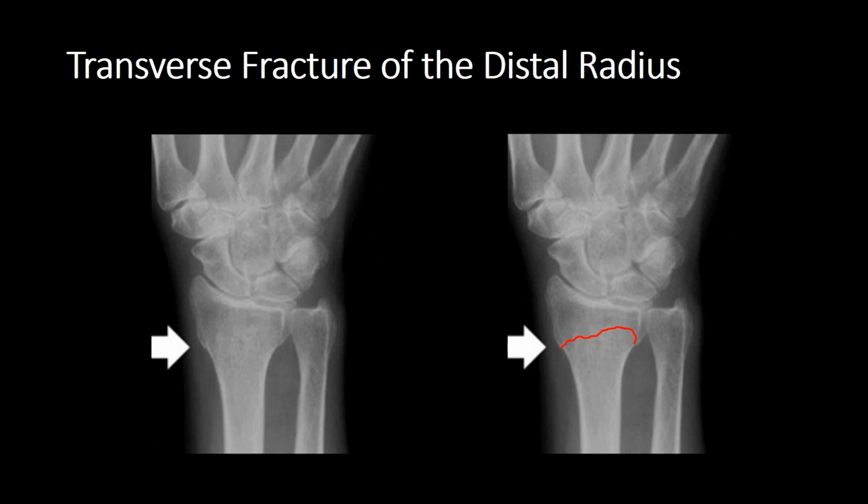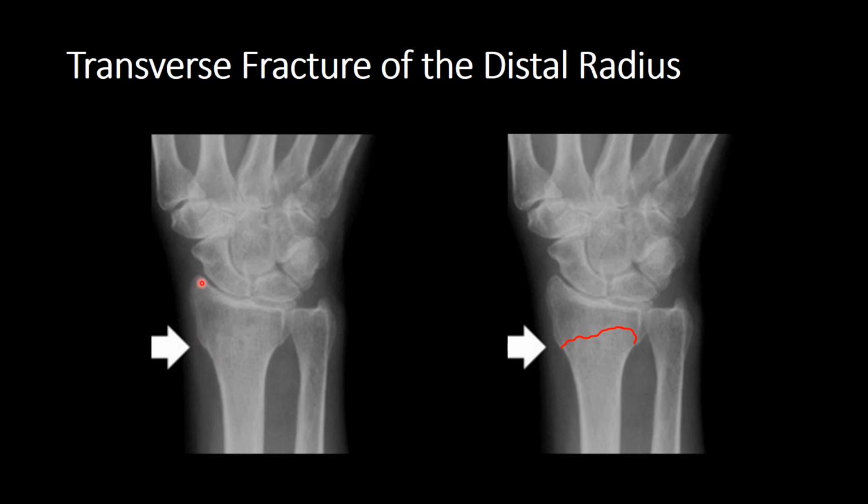Transverse fractures of the distal radius that are undisplaced can be extremely difficult to see. So it's important that as we go around the cortex of each and every bone, we look for these tiny steps. If we look at the lateral border of the distal radial metaphysis, you can see how the cortex has a very small break.